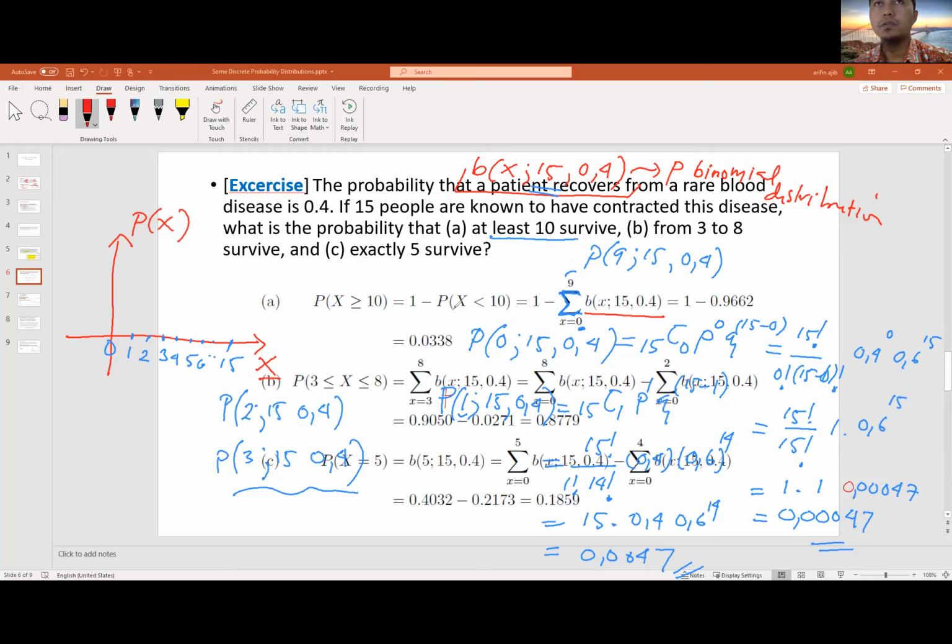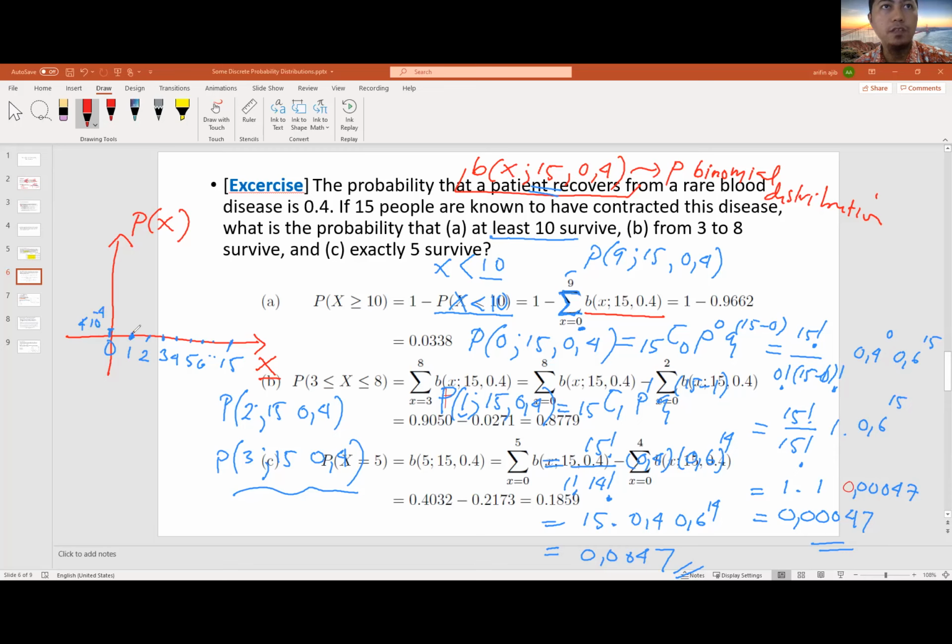Because actually, it comes from this mathematical expression, x less than 10. So we compute all the possibilities that x is less than 10. If you go back to the graph, let's say this one is around 4 times 10 to the power of minus 4, right?